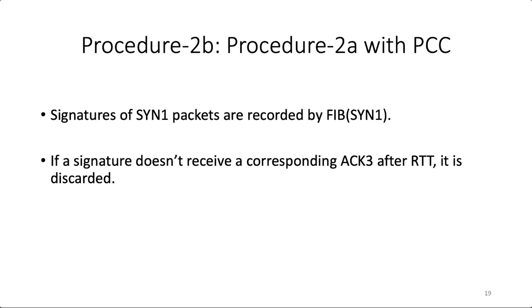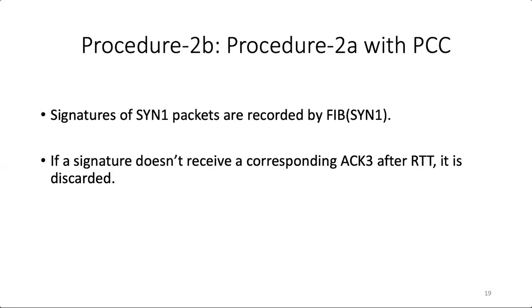The only difference is that we now get back to learning SYN1 packets to be able to maintain PCC. In this procedure, if a connection does not receive an ACK3 signature within a round trip time, it will be considered as fake and will be discarded. This means that fake connections that are learned by the FIB will be discarded very fast.